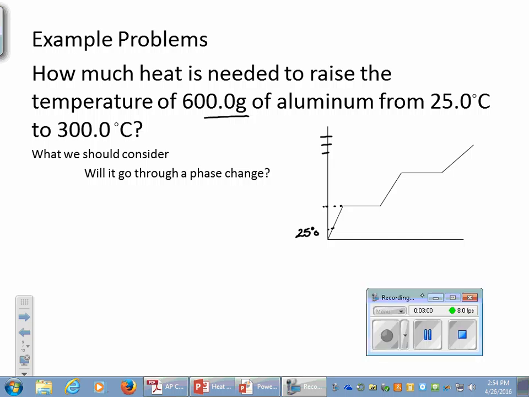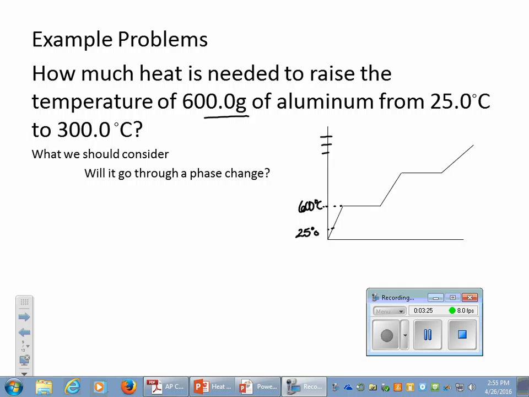So what you're going to want to do is look up the temperature of melting for that substance if you don't know it. We know that aluminum is a metal, so it melts at a high temperature. As a matter of fact, it melts at something like 600 degrees Celsius. So again, by looking at that, we know that the aluminum is not going to melt.